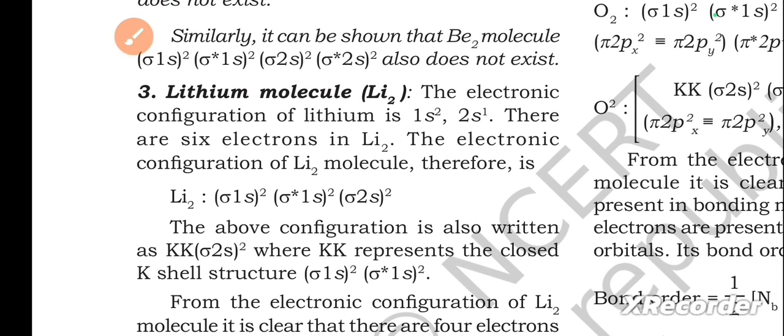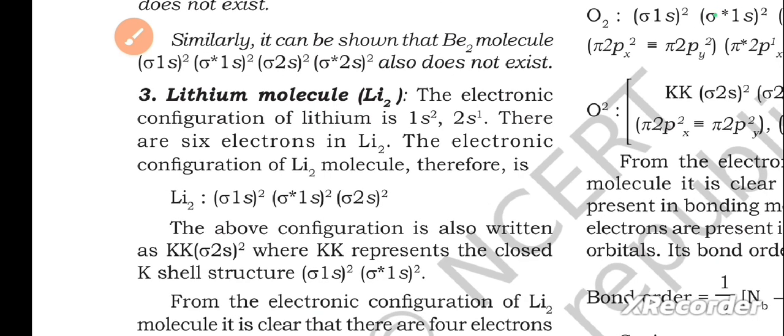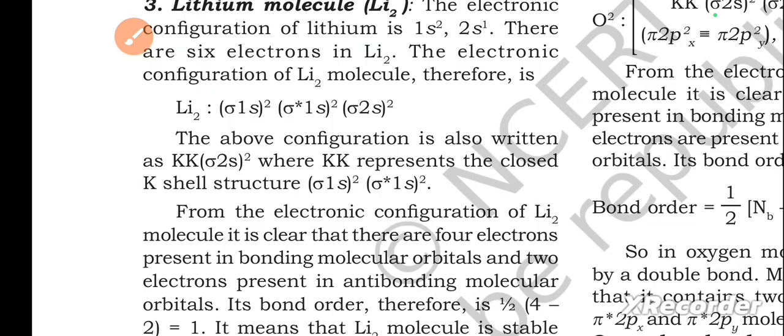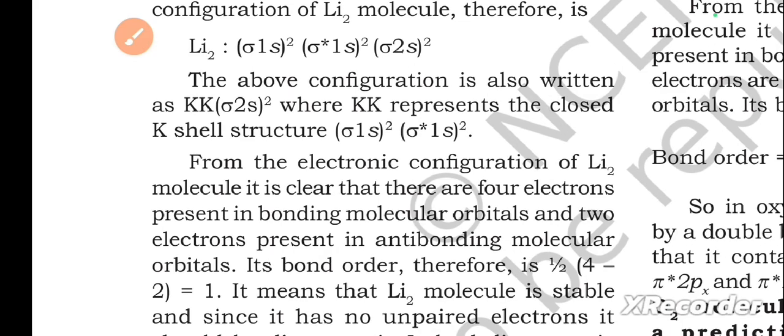Next is lithium molecule. The electronic configuration of lithium is 1s2 2s1. There are 6 electrons in Li2. The electronic configuration of Li2 molecule therefore is sigma 1s2, sigma star 1s2, sigma 2s2. The above configuration is also written as KK sigma 2s2, where KK represents the closed K shell structure, sigma 1s2, sigma star 1s2.